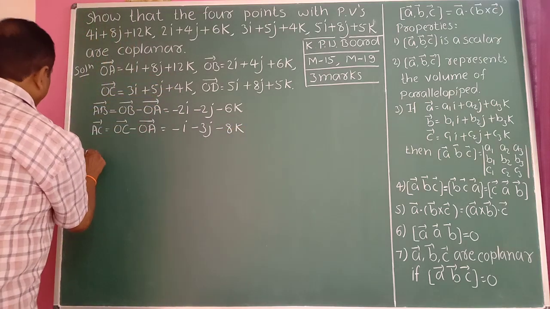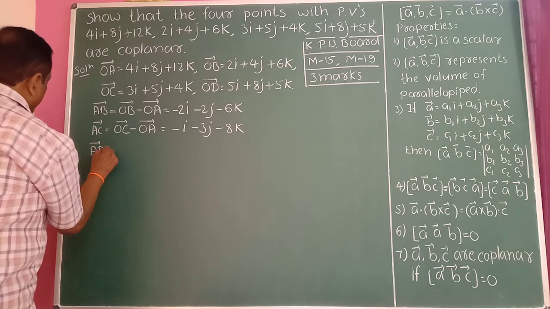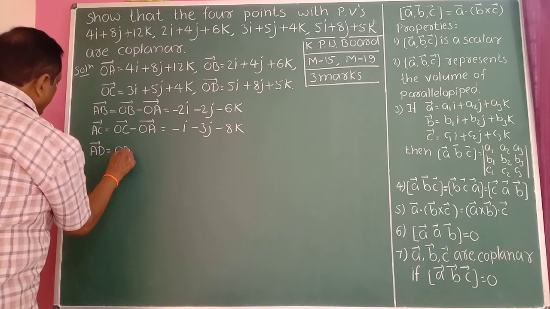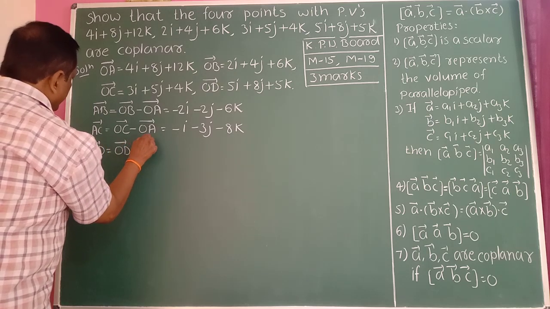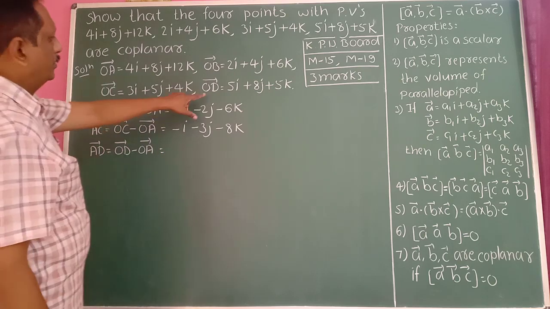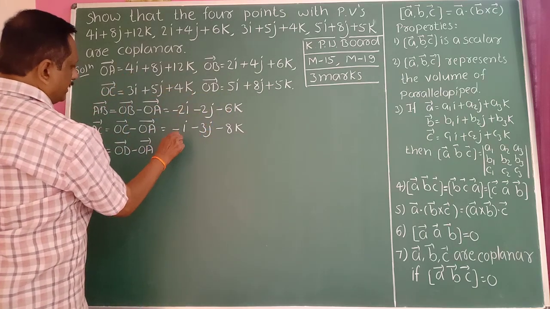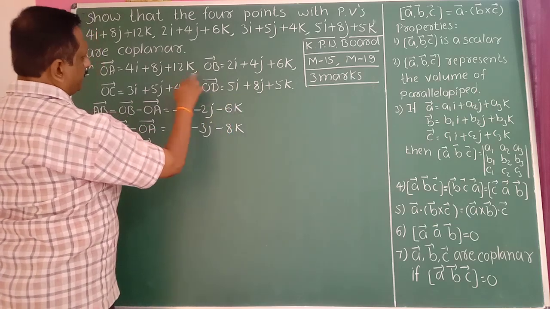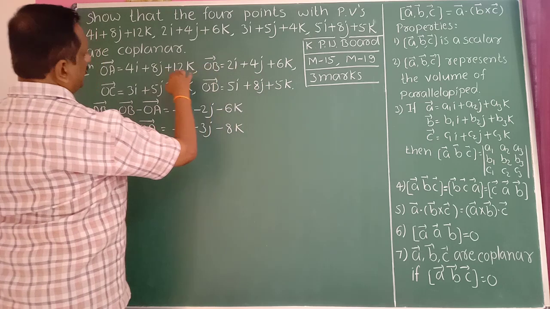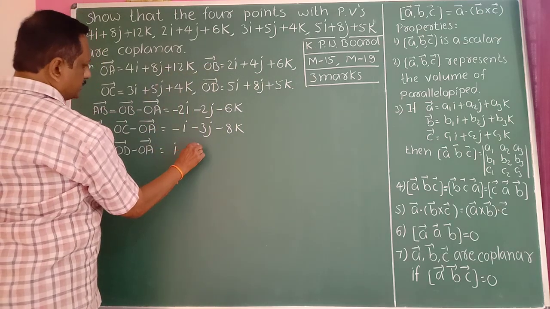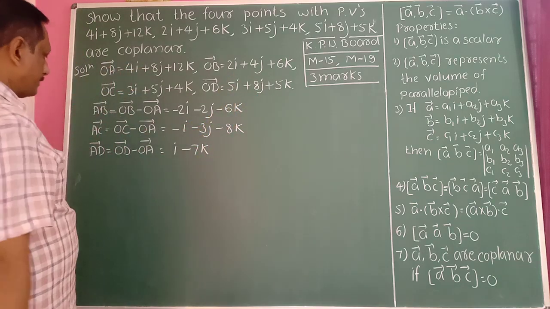Then find your AD. Here AD is equal to OD minus OA. 5i minus 4i becomes 1i. 8j minus 8j cancels, it is 0j. 5k minus 12k is minus 7k.